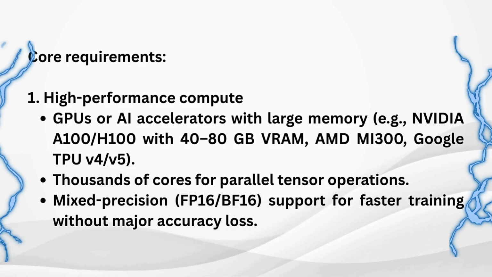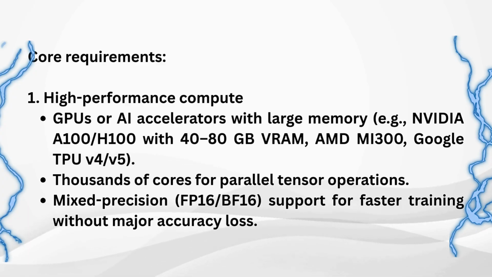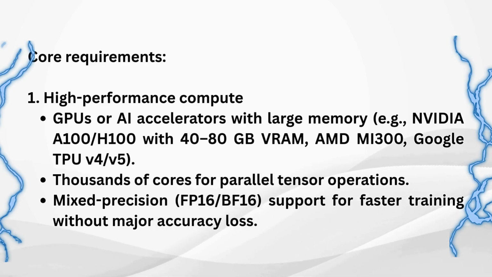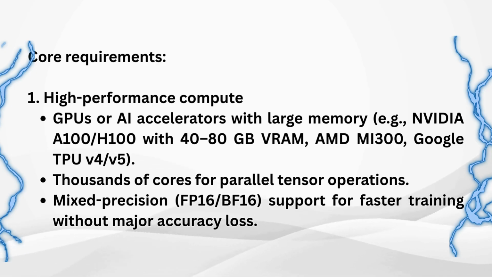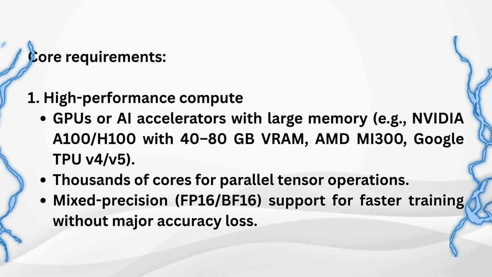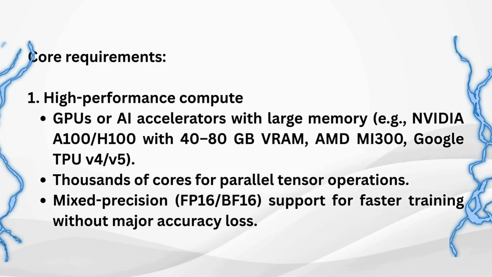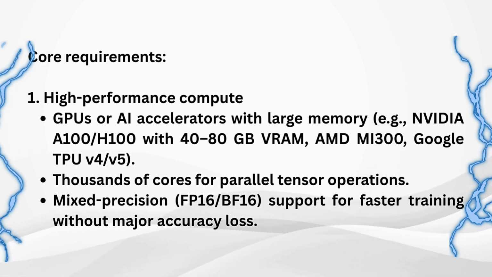GPUs or AI accelerators with large memory. Examples are NVIDIA A100 or H100 with 40-80 gigabytes VRAM, AMD MI300, Google TPU v4 and v5. Thousands of cores for parallel tensor operations. Mixed precision (FP16, BF16) support for faster training without major accuracy loss.